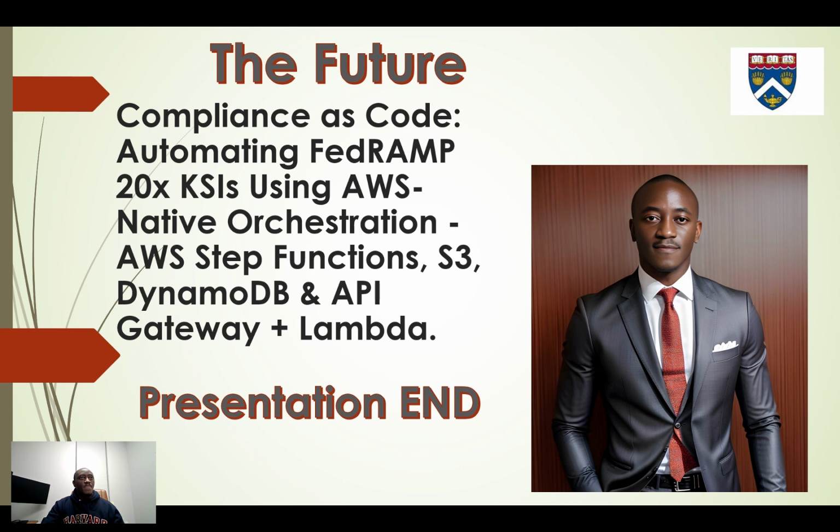Such evolution is going to position automated KSI validation not only as a compliance enabler, but as a core capability for scalable federal cloud governance and risk-informed decisions. And this is compliance as code, automating FedRAMP 20x KSIs using AWS native orchestration: AWS Step Functions, S3, DynamoDB, API Gateway, and Lambda. Thank you.